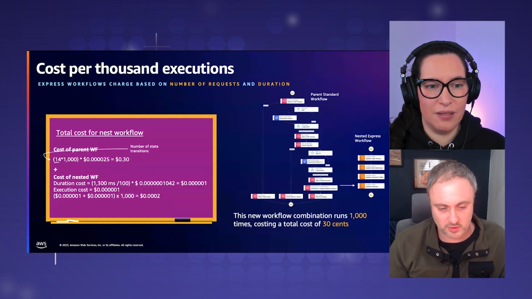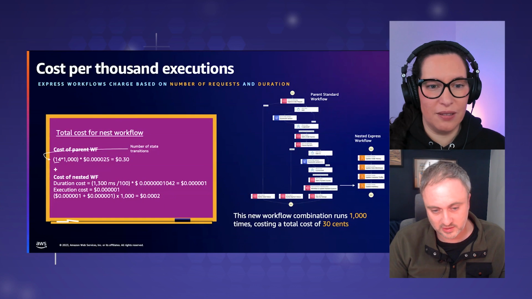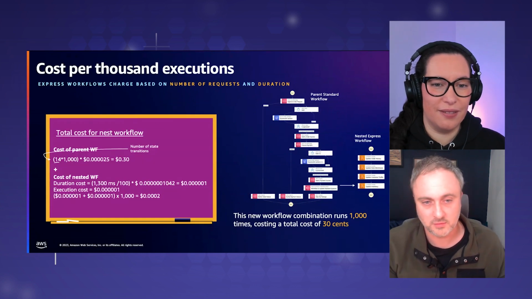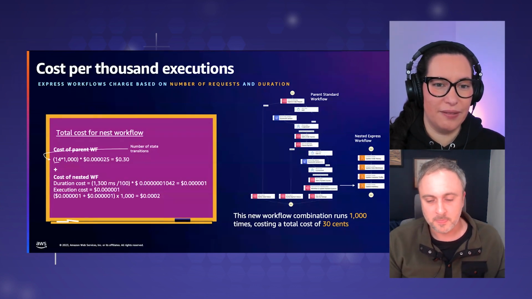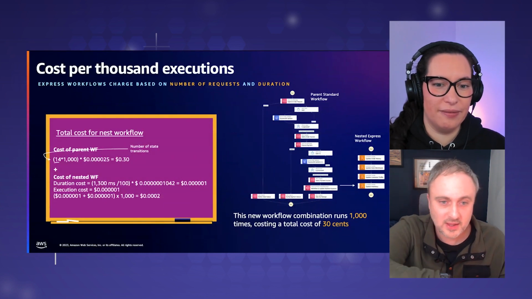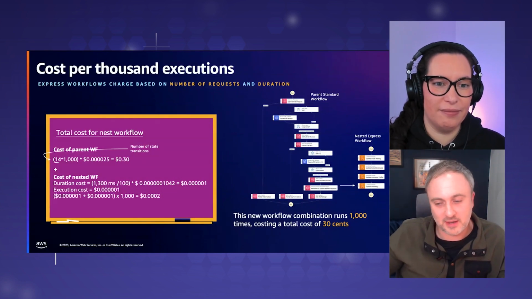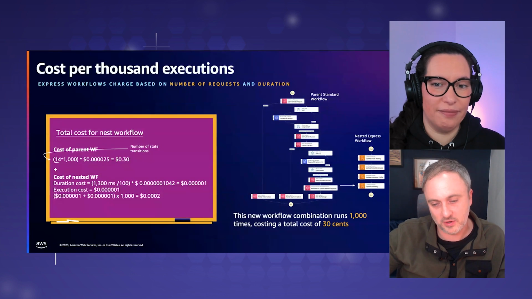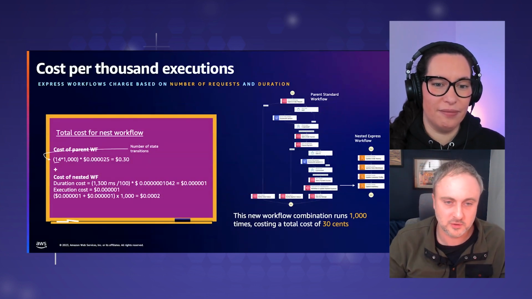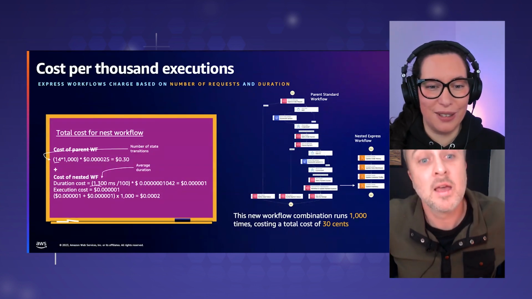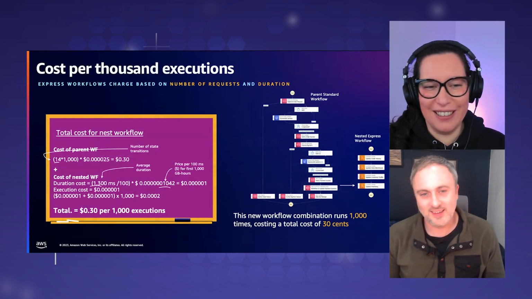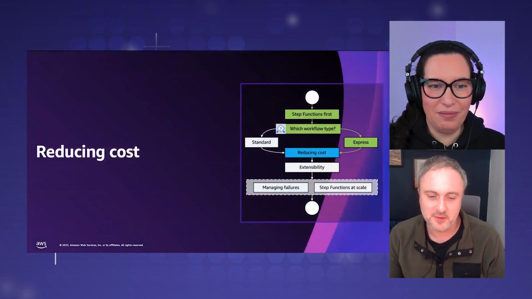And my express workflow, well, that finishes in just over a second, so the cost of that is almost insignificant, really. Yeah. So now, simply by extracting some of those steps out and saving it as a nested express workflow, I've knocked off 12 cents per 1,000 executions. That in a million is starting to appear. Exactly. Yeah, pennies add up, right?